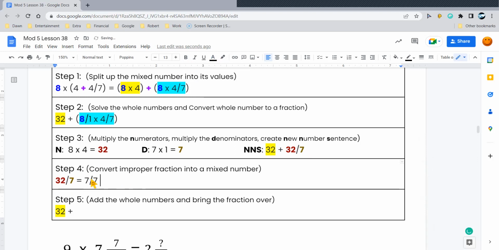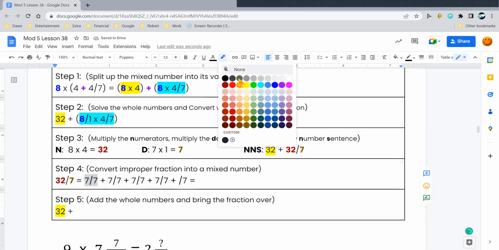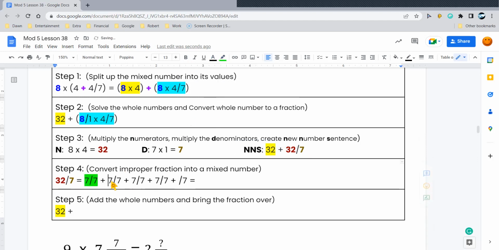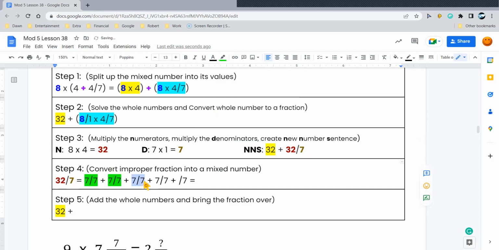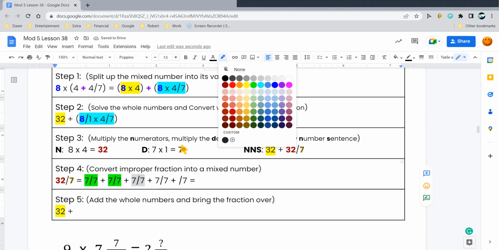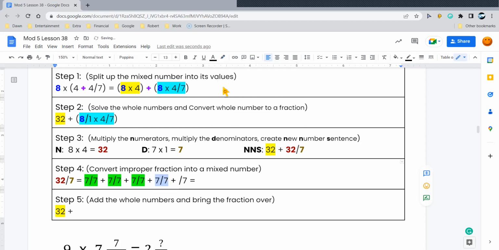I know 7 is smaller than 32. So 7, 14, 21, 28, 35. I know I went too far, so I'm going to delete that. Let's count again: 7, 14, 21, 28.